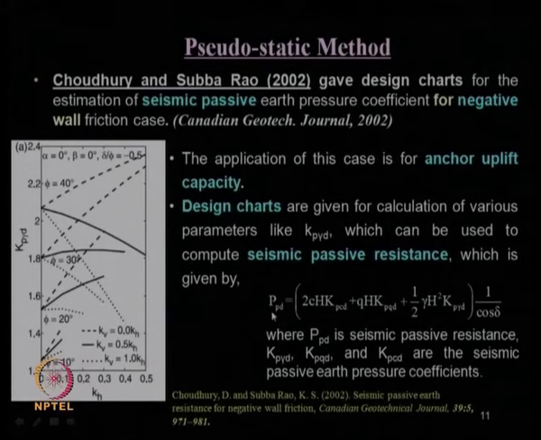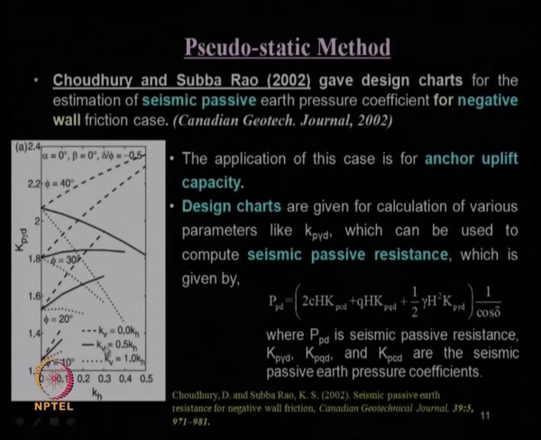Then the total seismic passive resistance can be computed using this expression, and each of these K values is nothing but the seismic passive earth pressure coefficient with respect to cohesion, with respect to surcharge and with respect to unit weight. This chart shows how this unit weight related seismic passive earth pressure varies with respect to pseudostatic seismic acceleration kh and kv.